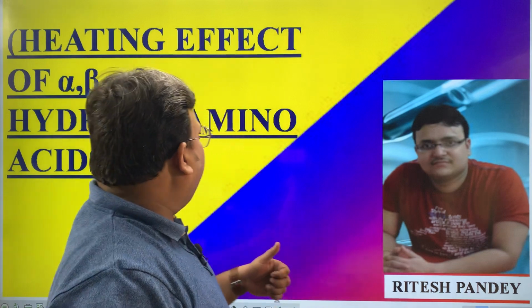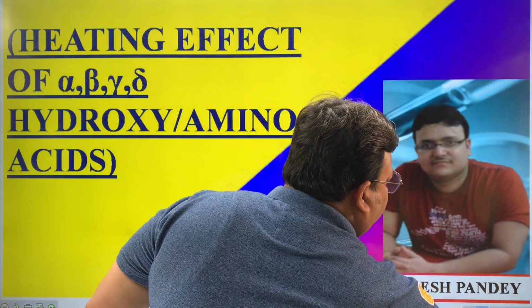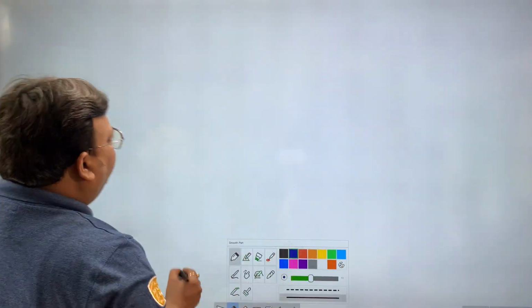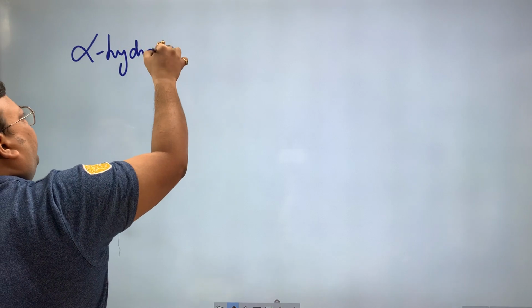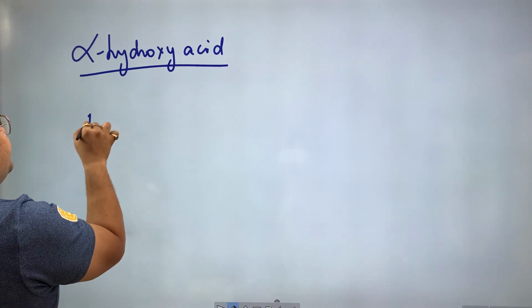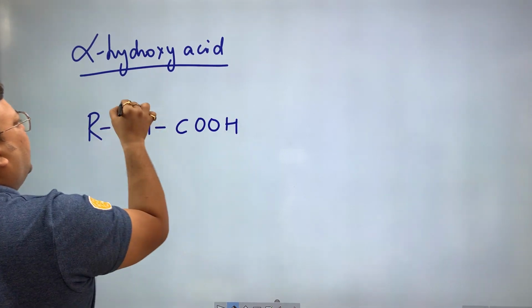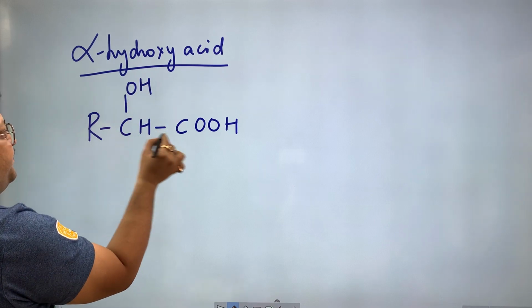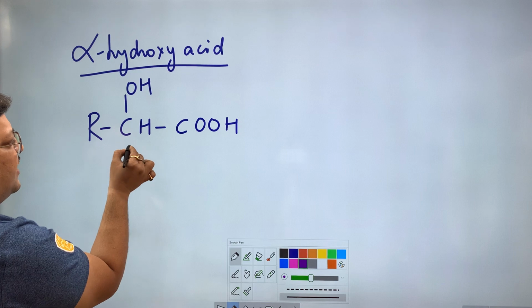We'll definitely begin with the case of alpha hydroxy acid, and right away alpha hydroxy acid would mean OH group is next to COOH group. So this is how an alpha hydroxy acid will be represented. Alpha means if this is COOH, the next carbon is alpha.